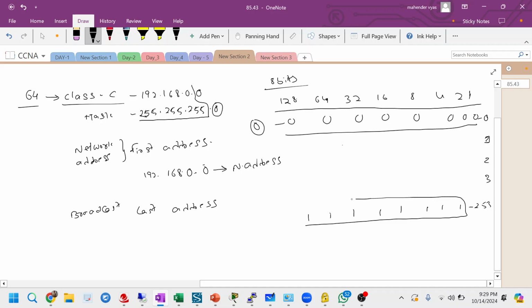This is our last address in this particular subnet. If you receive all ones, there is nothing next to this for this fourth octet. We are doing subnetting on the fourth octet only, and we are trying to find the network address and broadcast address for this particular subnet only. We don't need to think about any other subnet as of now.